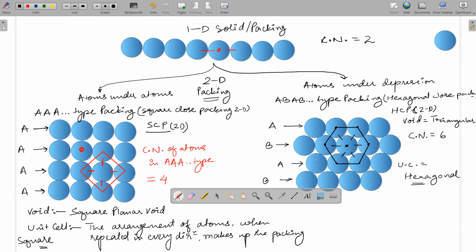Okay, so you have square close packing in 2D and hexagonal close packing in 2D. Please write this down. And can you see how easy it is for me to make the circles now, make the atoms now? Just imagine making 3D atoms in Zoom. Those are very difficult to make.